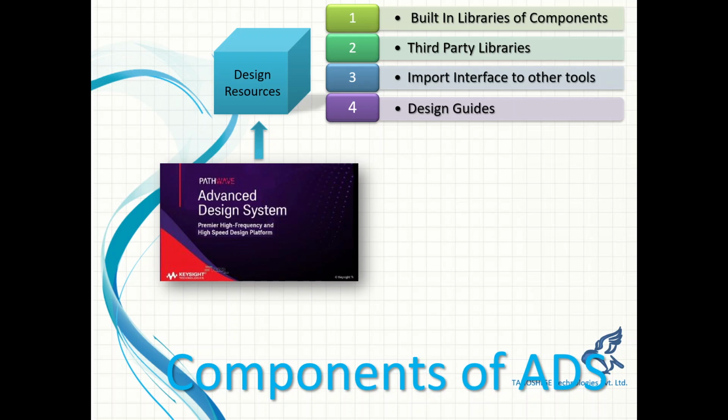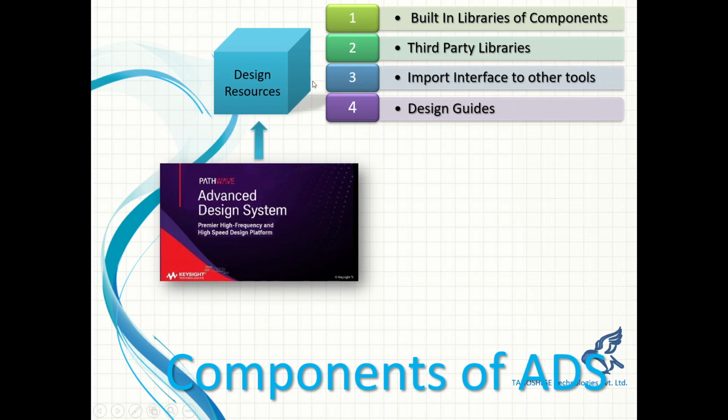Also there are package components, for example transistors, surface mount resistors, capacitors, and inductors. These used to be available in ADS, but now this has been taken over by a company called Modelithics, and you can sign up with them and purchase the libraries from them. So these are the third-party libraries.